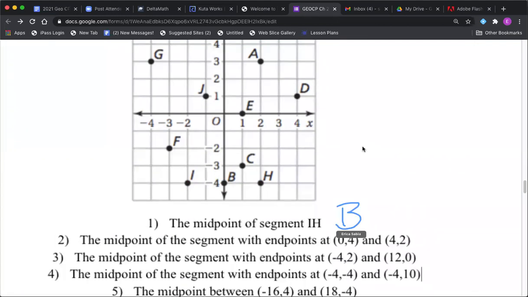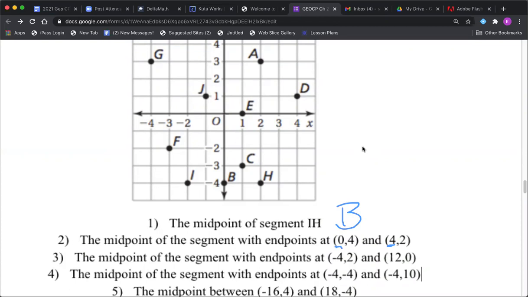The next one, now listen, they are asking for the midpoint. They gave you both endpoints. This was when life was easy and all you had to do was add the x's together and divide by 2. Add the y's together and divide by 2. You didn't have to figure out how many to go. This was the easy day.